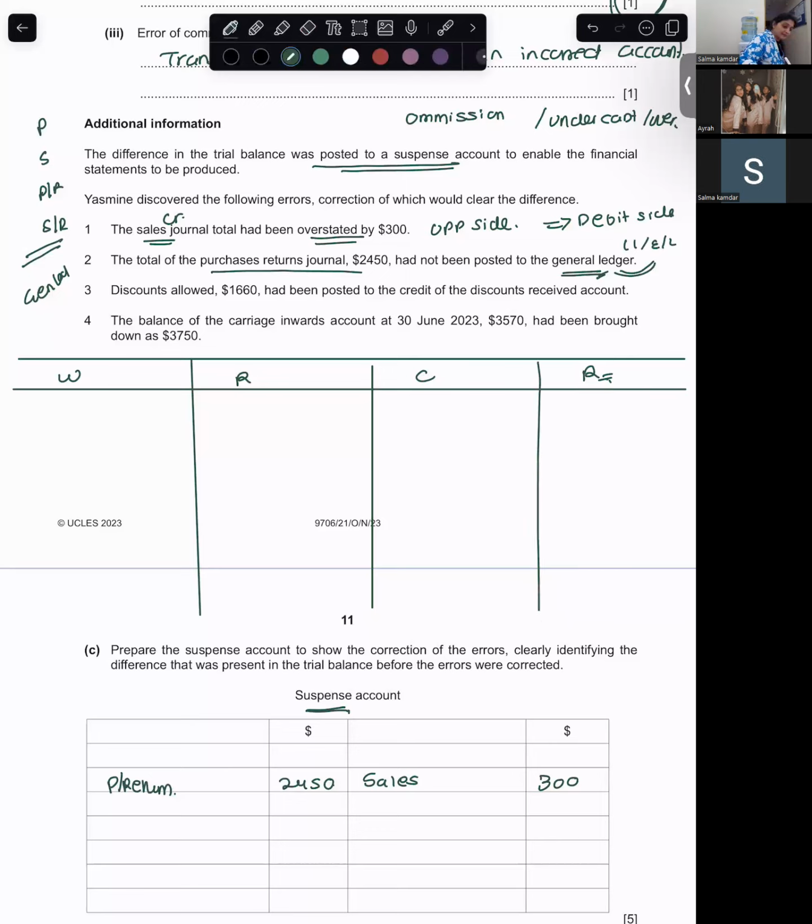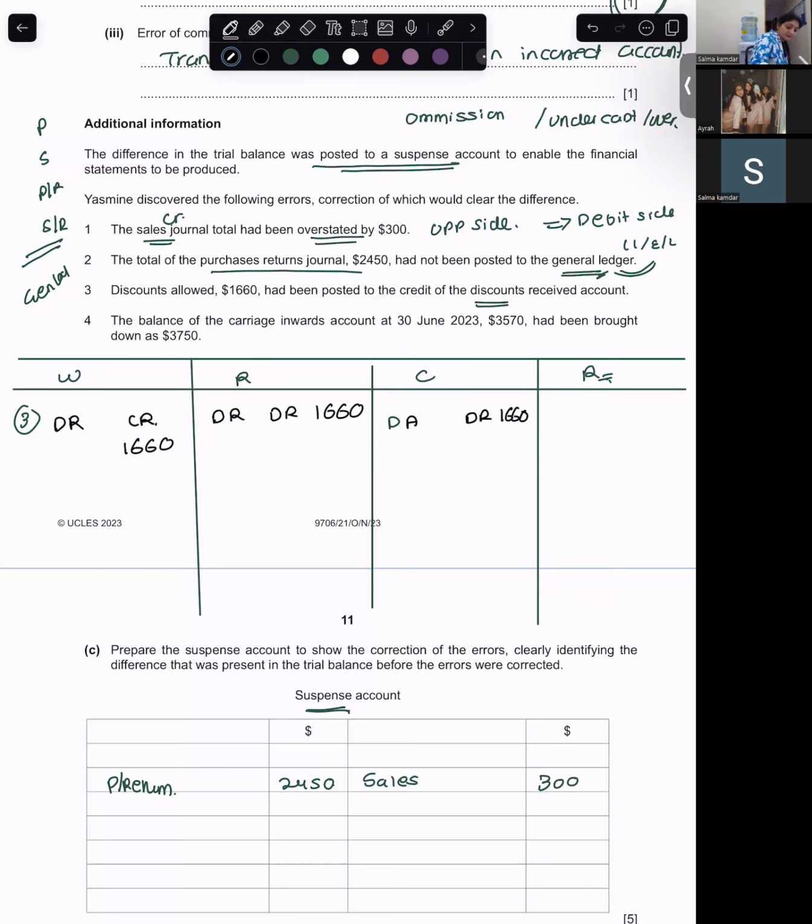Go to the next one. Discount allowed $1,660 had been posted to the credit of the discount received account. So what is the correct entry? The correct entry would be discount allowed debit 1660, and bank credit. What did you do? I did discount received credit 1660. So reverse: discount received debit 1660.